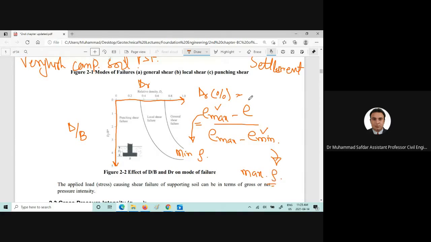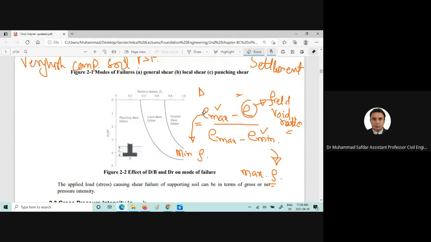And this e is the field void ratio. Anyways, that was just to refresh your mind on the relative density term which is used here. I think that's much clearer now.